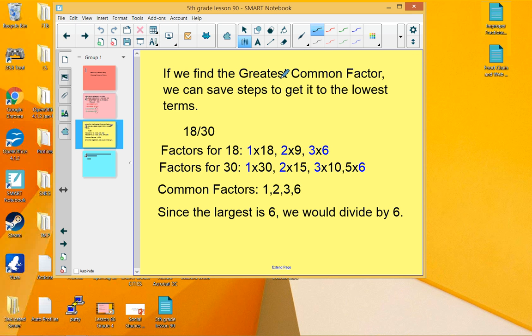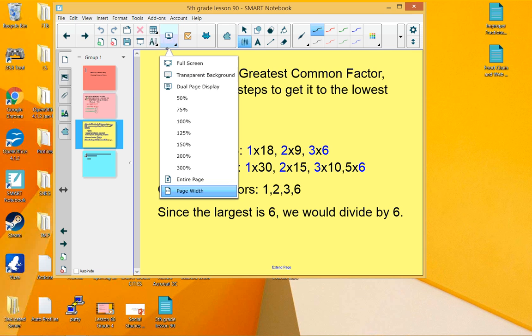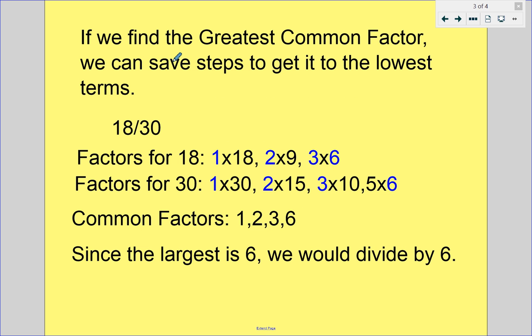So let's see if we can figure this out. I look at the numbers that we have. We have 1 times 18, 2 times 9, 3 times 6. Those are all ways to get 18. To get 30, I can do 1 times 30, 2 times 15, 3 times 10, and 5 times 6. I started at 1, 2, 3, and go on up from there.